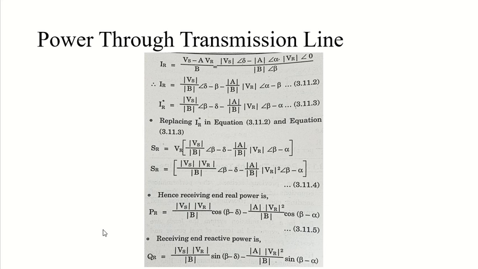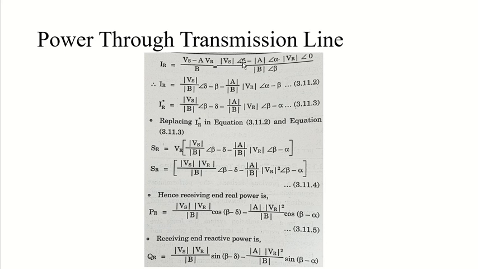Now, if you remember the vector calculus class, when we are working in the polar representation and we have to multiply or divide, we simply add or subtract the angles. So here, we are taking B separately for all the numerators. So we will write Vs divided by B angle delta minus beta.